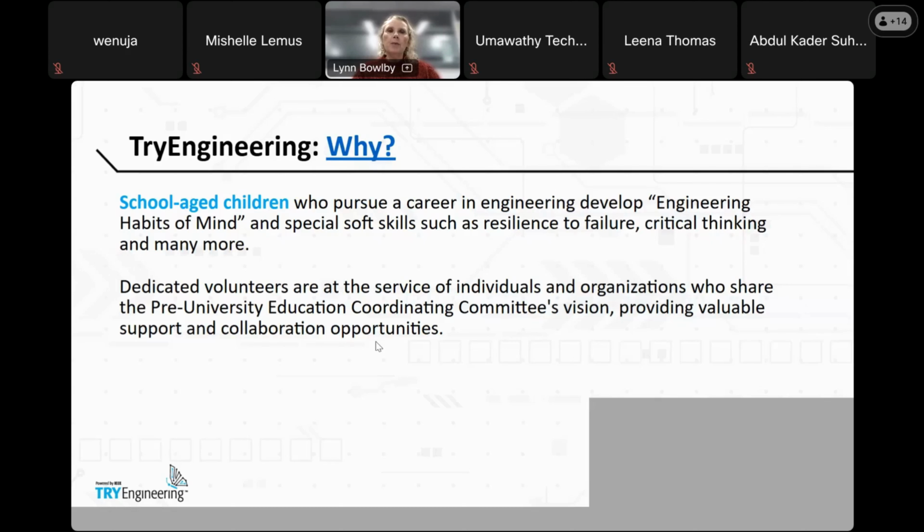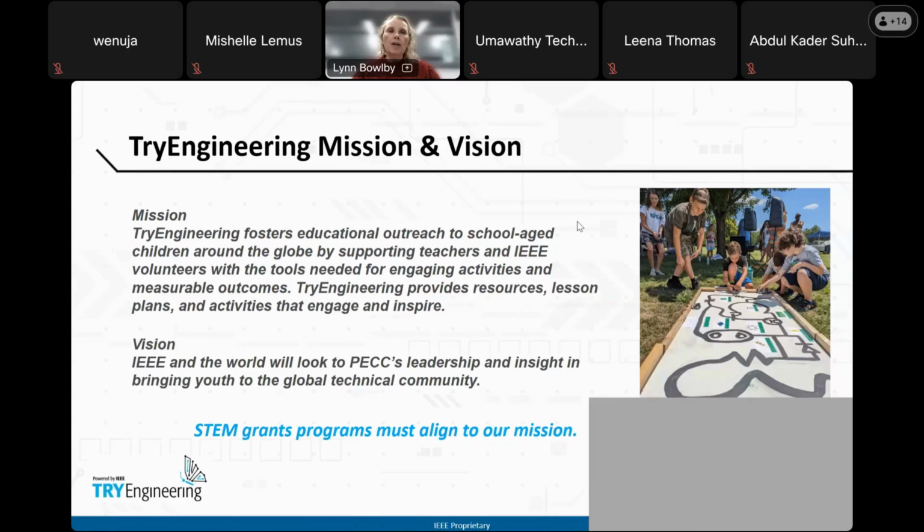One thing to keep in mind is we do have a mission and vision for TryEngineering. You'll want to keep this mission and vision in mind as you're developing your programs and as you're writing your application, because we would like for the grants that we award to be aligned with our mission. Our mission is that TryEngineering fosters educational outreach to school-age children around the globe by supporting teachers and IEEE volunteers with the tools needed for engaging activities and measurable outcomes.